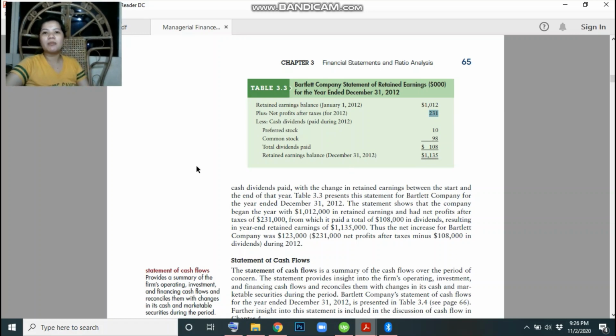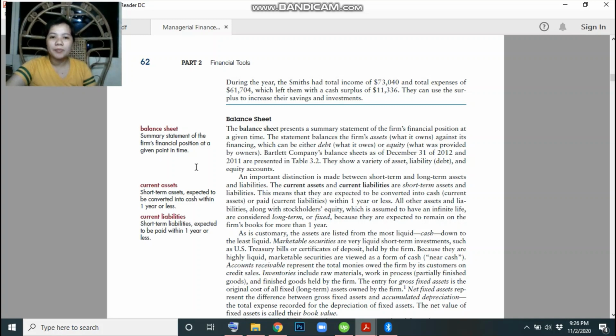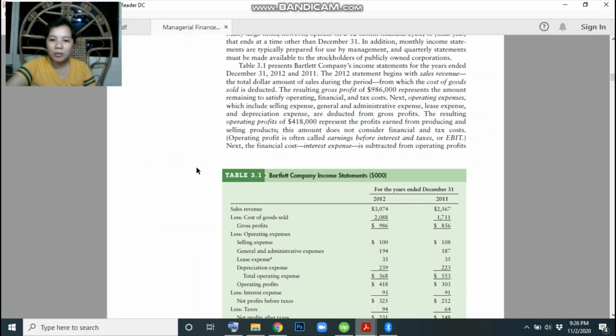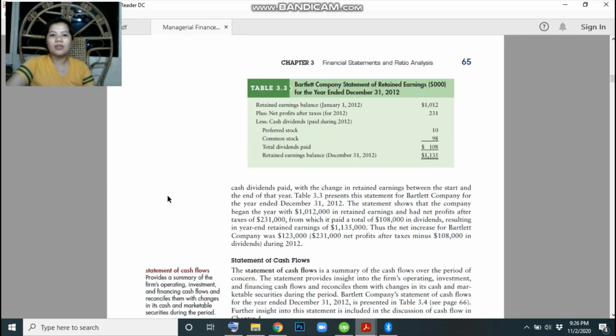In the income statement or the balance sheet? That is in the income statement. Here it is, the net profit after taxes. So we add it to the retained earnings balance on January 1, 2012.